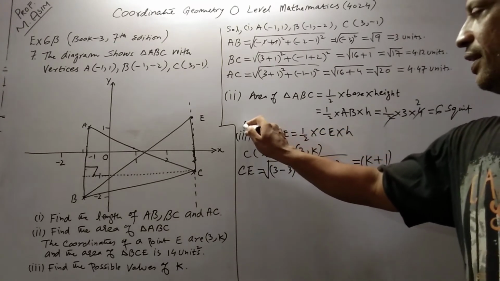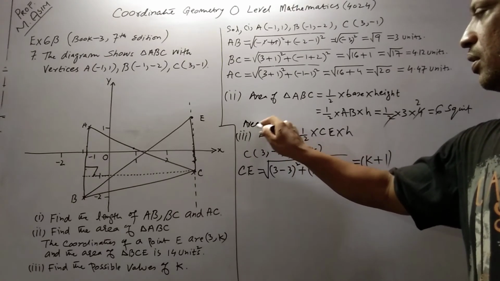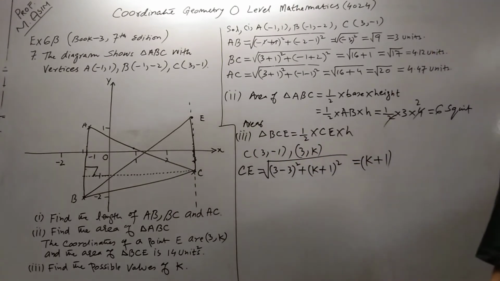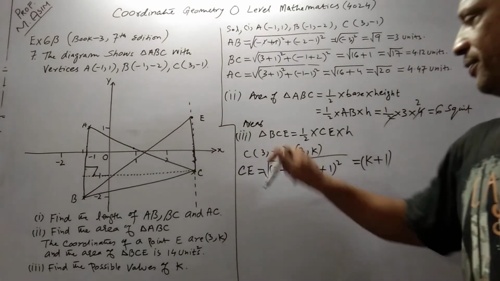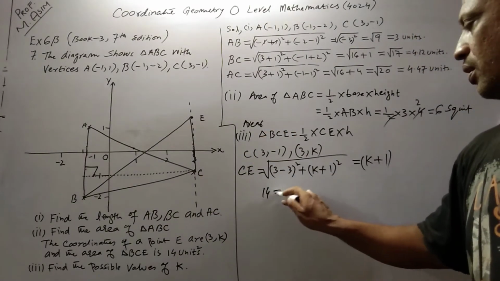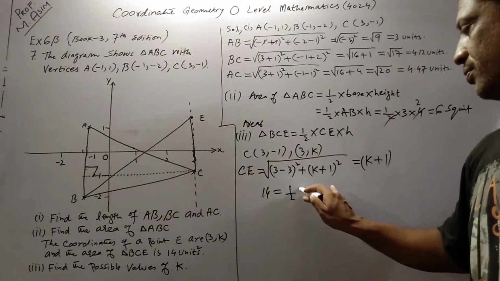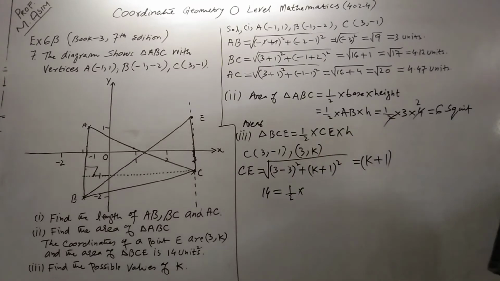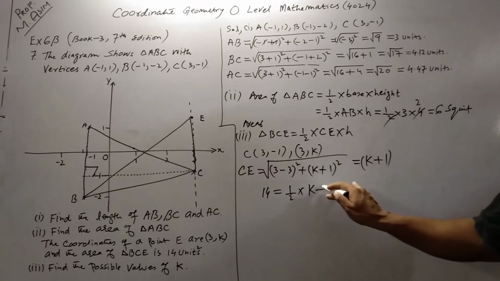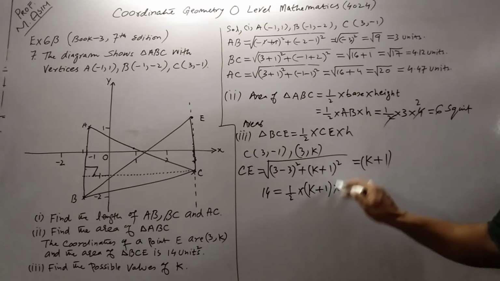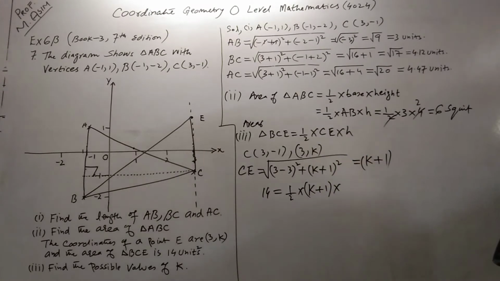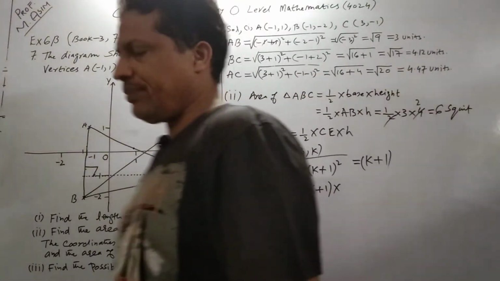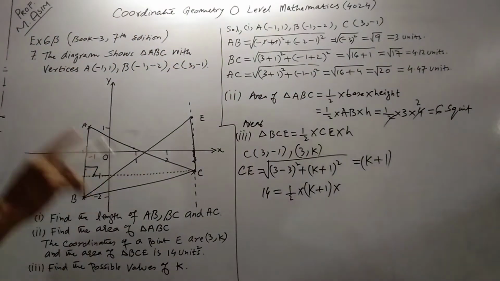Now put this value of k plus 1 in this formula. Area of triangle BCE is given, which is 14, equal to half into CE. What is the value of CE? k plus 1, into height. What is the height? Height is the same. Look carefully.